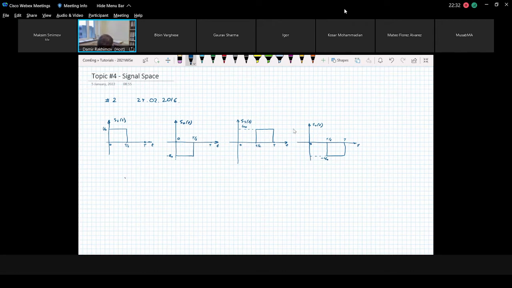You can have multiple different options for basis. For this reason, depending on which signal you start with, you may have a different set of orthonormal vectors.